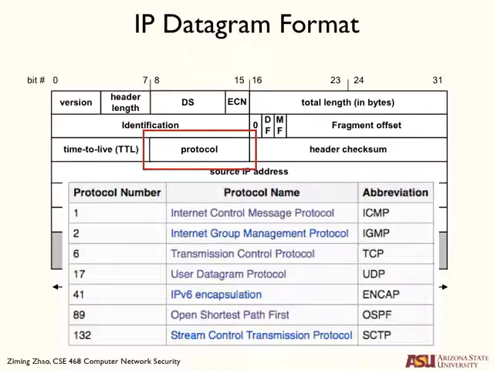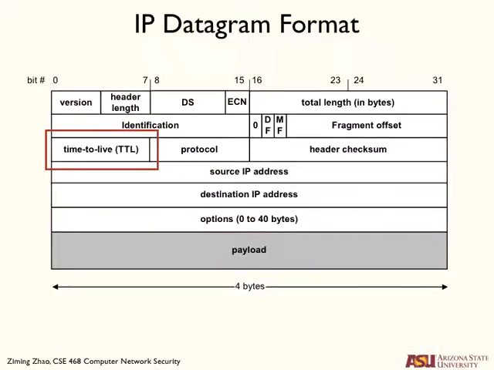It could be number 1, which is ICMP, number 6, which is TCP, and also 17, UDP. There are some other protocols which can be wrapped using the IP protocol, but we are not covering them in this class. For example, OSPF, which is a routing protocol. In this class, I do not plan to cover all kinds of routing attacks because we want to stay with the basics.